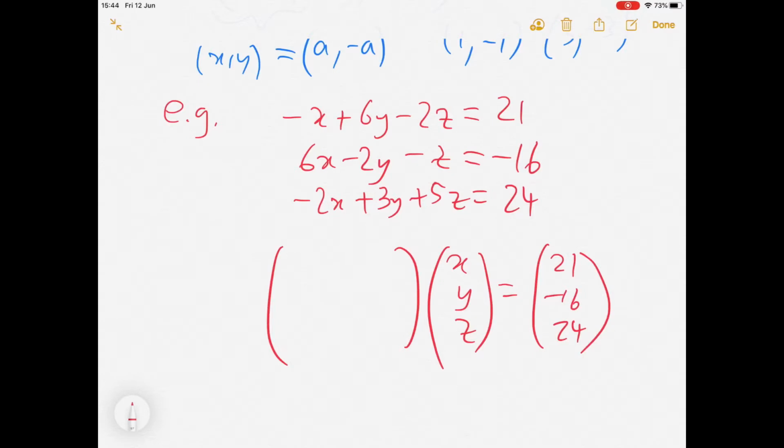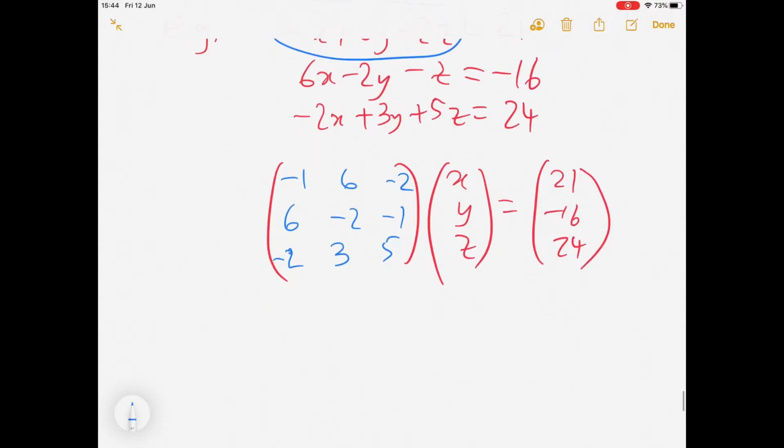So what is the matrix going to be? Well, to make this bit, we're going to need minus 1 lots of x, plus 6 lots of y, minus 2 z. And similarly for the other two equations, and we get this matrix.